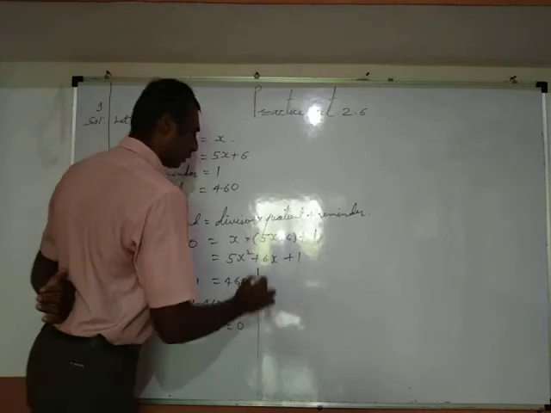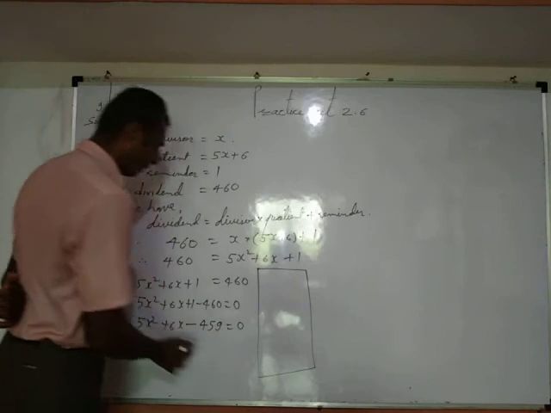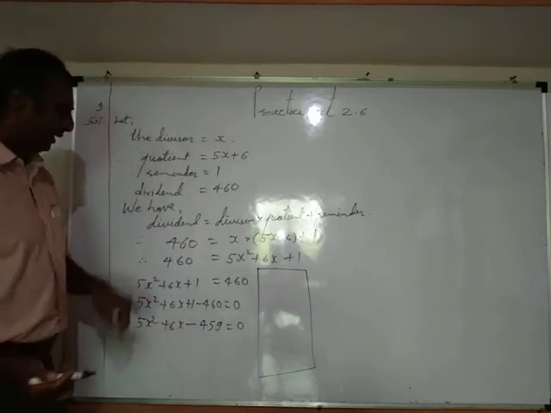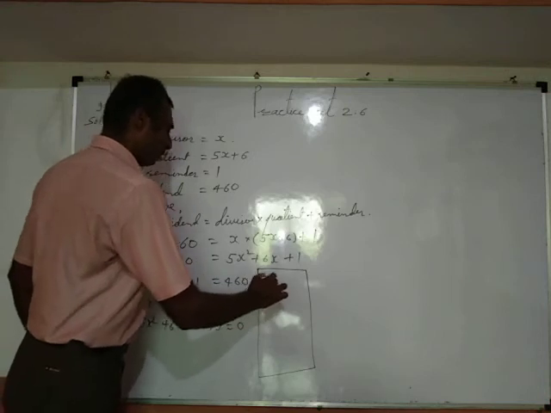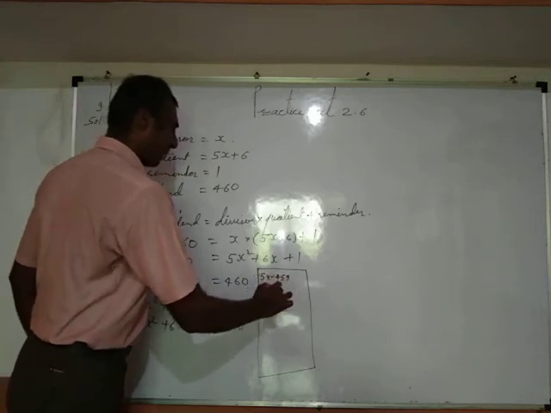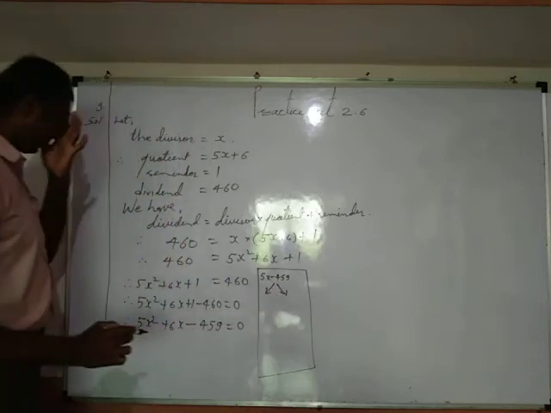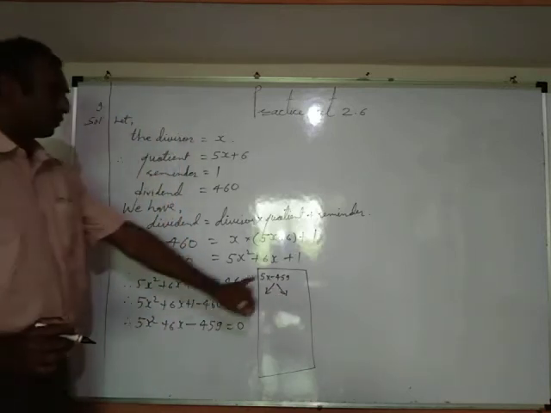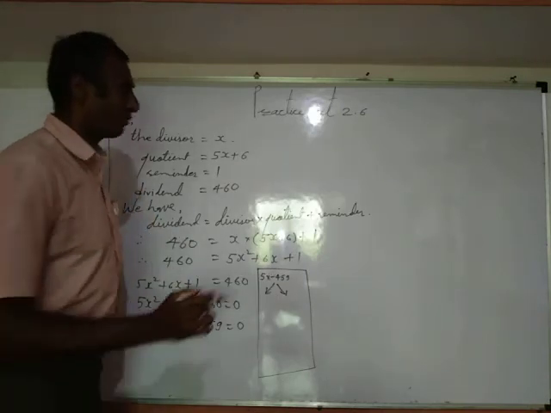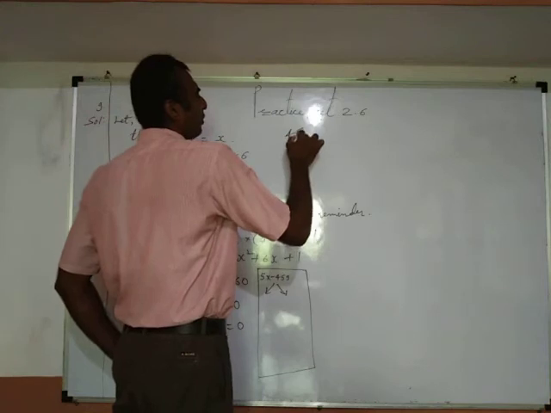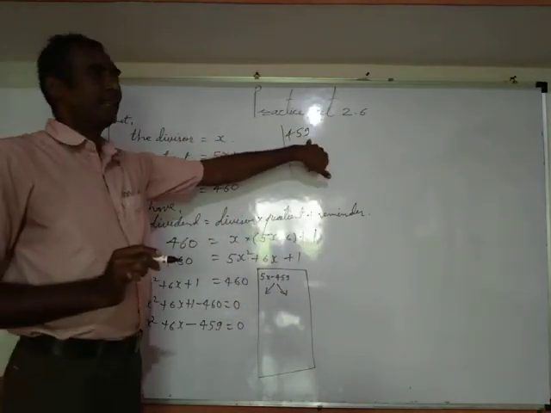Now it is in the form of ax square plus bx plus c equal to 0. We need to factorize the product of a into c such that their addition will be the coefficient of the linear term. Means 5 into minus 459 should be factorized in such a way that their difference would be 6. First of all, let's find prime factors of 459. Addition of digits 4, 5, 9 is 18.